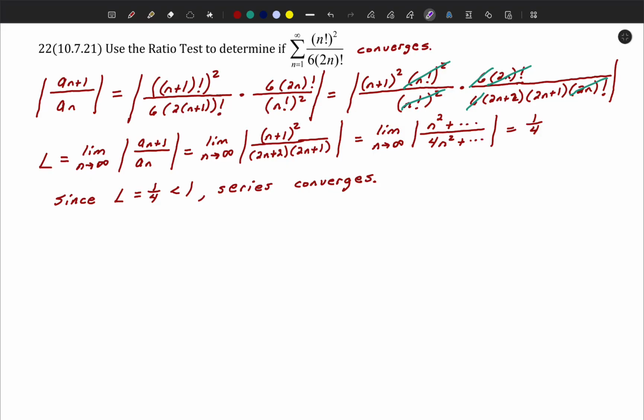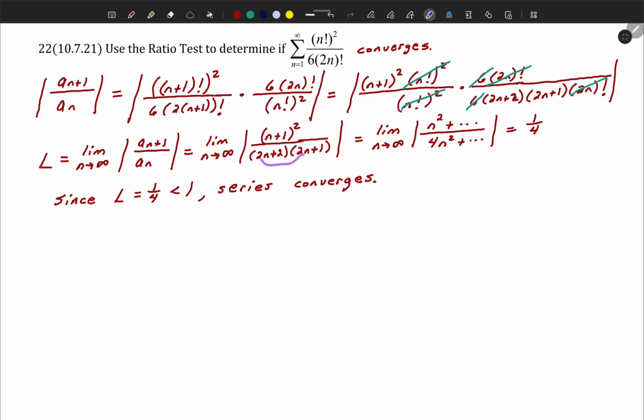This is going to equal the limit as n approaches infinity of the only term left in the numerator, which is (n+1) squared. The terms I have left in the denominator are going to be (2n+2) times (2n+1). So I know that this limit is going to simplify to the leading term in the numerator, n squared, plus the rest of the terms that don't matter.